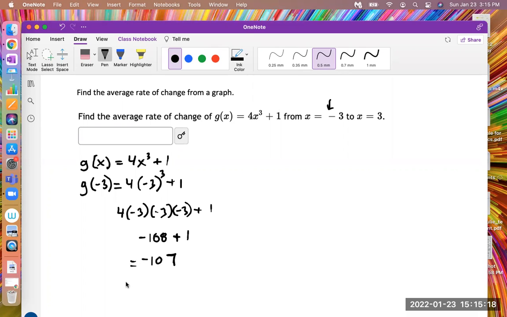So that is telling me that when I plugged in -3, I had a value of -107 with the corresponding y value. Remember, whatever is equal to g of x is just new replacement notation for the y variable.